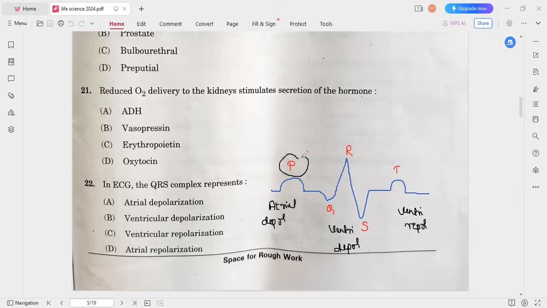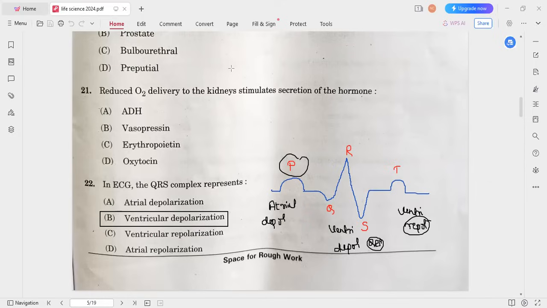So P is atrial depolarization, QRS is ventricular depolarization, and T is ventricular repolarization. In this question, they asked about the QRS complex, so ventricular depolarization, option B, is the correct answer.